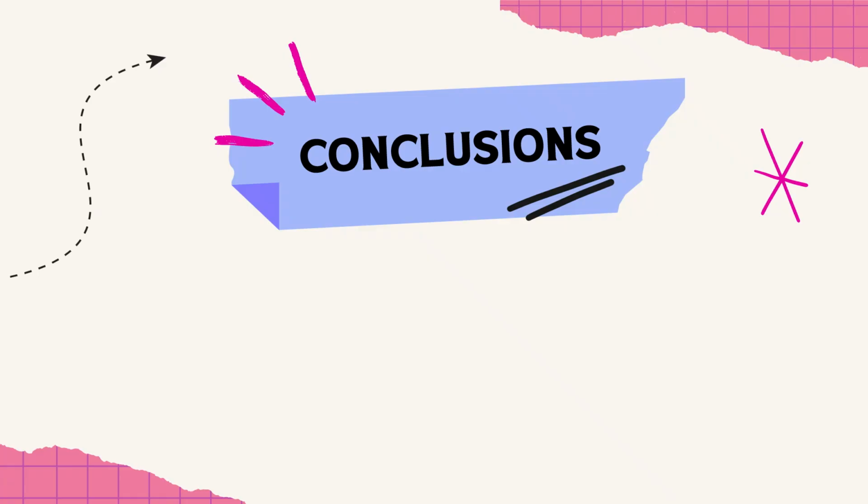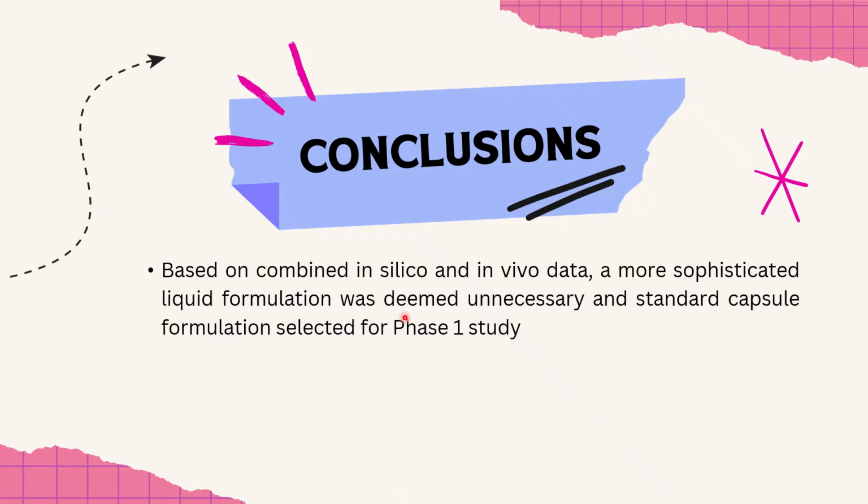Now, the conclusion of this study design: both in silico data from the GastroPlus ACAT model and in vivo data from the 2-cube factorial dog study confirmed that a sophisticated liquid formulation was unnecessary, supporting the use of a simple capsule formulation for the phase 1 study.